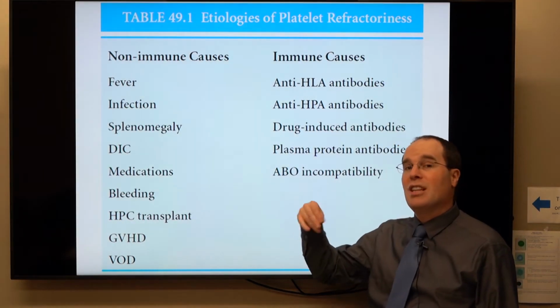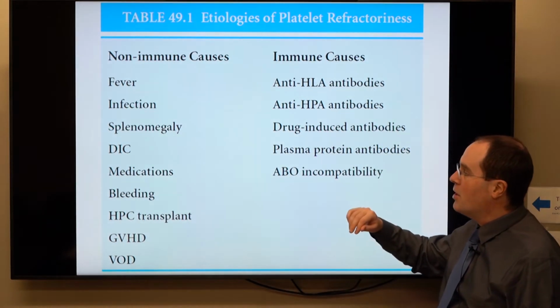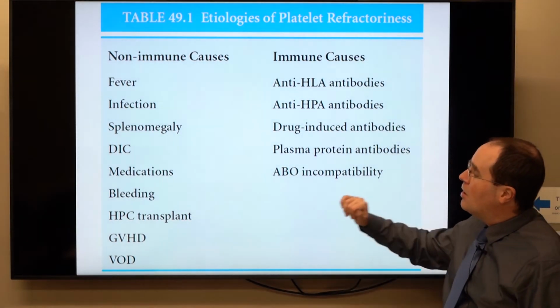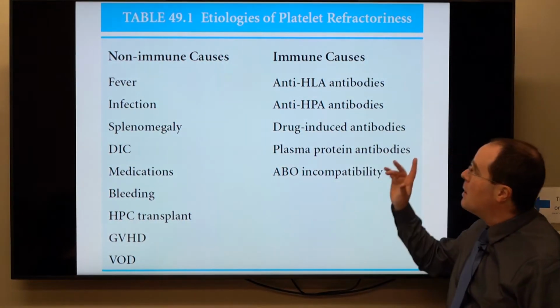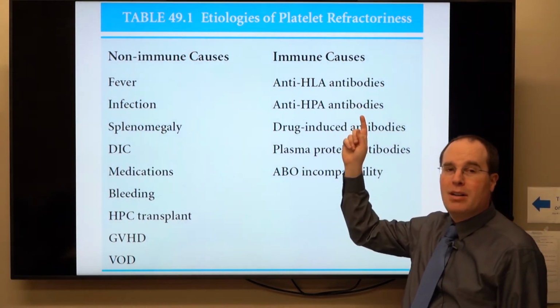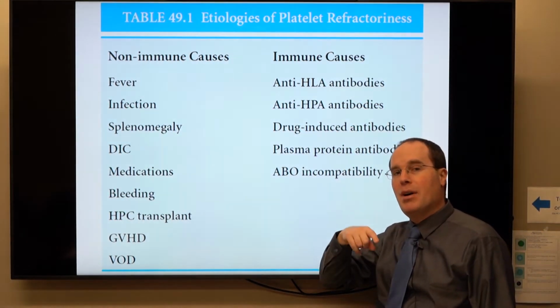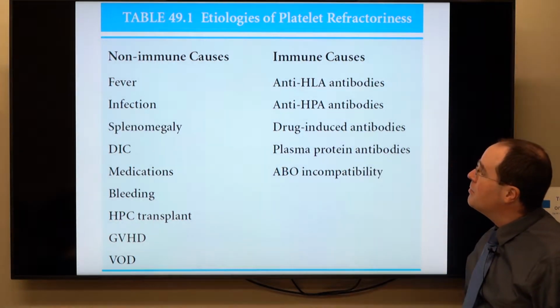In addition to just the loss of platelets, bleeding can cause some non-immune refractoriness, along with things like stem cell transplant, graft-versus-host disease, and veno-occlusive disease. And then, of course, the most common antibodies that we see are HLA antibodies that we'll talk about, class 1 HLA antibodies. And then, of course, occasionally we'll see HPA antibodies and other causes.